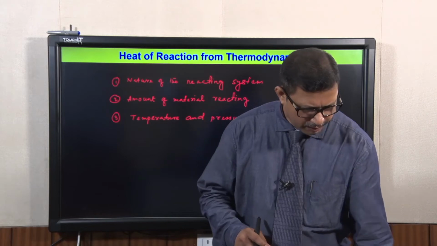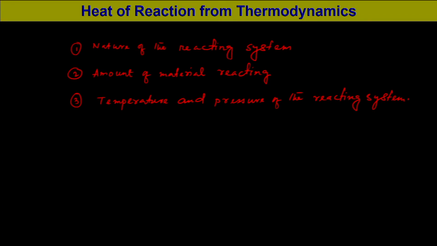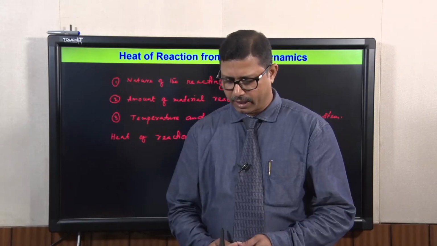Now, these three factors can be accounted for if we know the heat of reaction. So, if we know the heat of reaction, then we can calculate based on this how much heat will be absorbed or liberated during a chemical reaction.